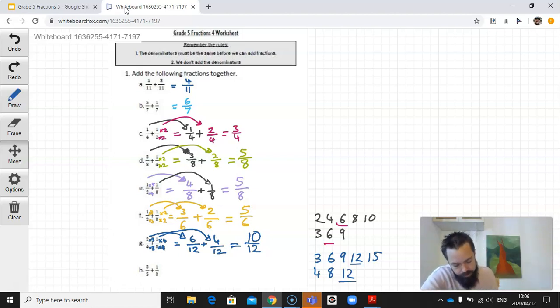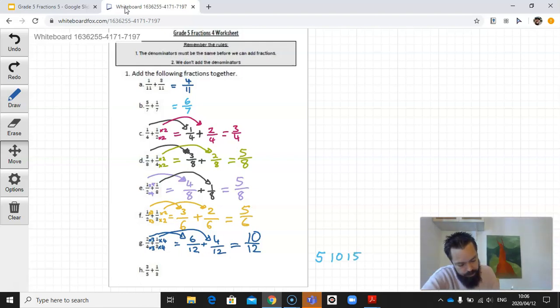This one we've also got to find something that they both go into. I'm going to quickly erase my times tables on the right so that I've got space to do my new 2 times tables. So the 5 times table, 5, 10, 15, 20, and 3, 6, 9, 12, 15.